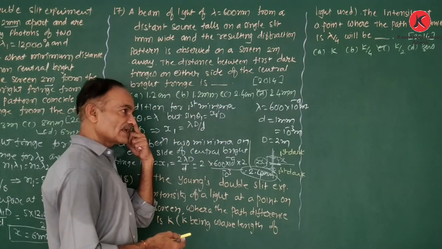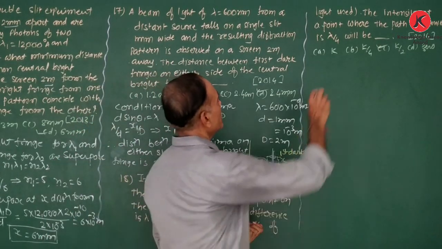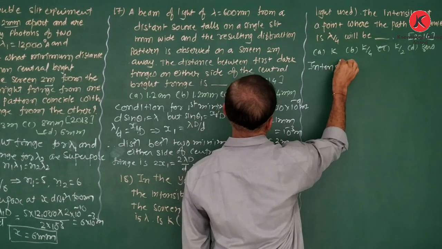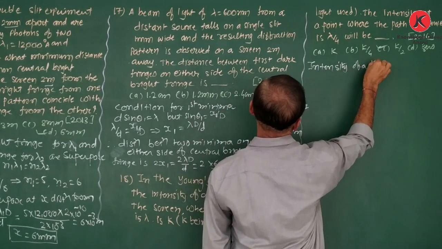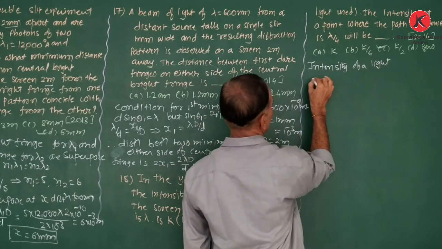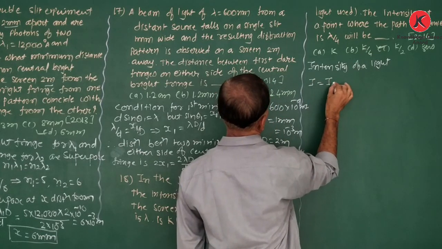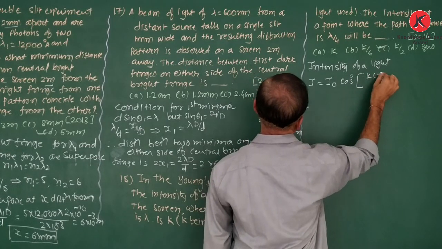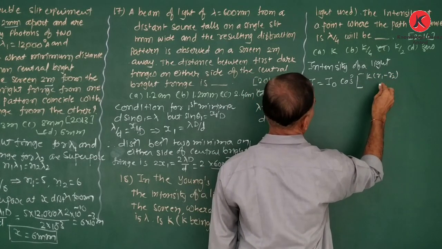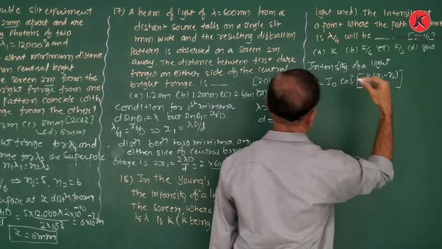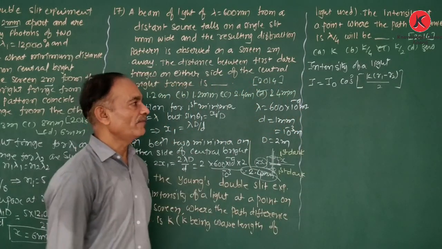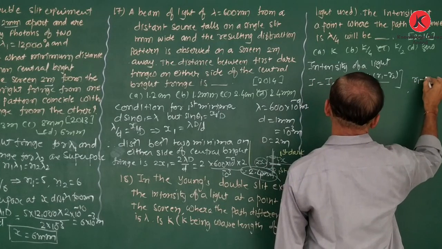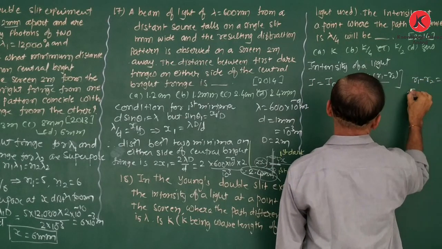So we know the equation of intensity of light: I is equal to I0 cos square of K times (I1 minus I2) upon 2. K is the wave vector, K is equal to 2 pi upon lambda. Here the path difference I1 minus I2 is equal to lambda.